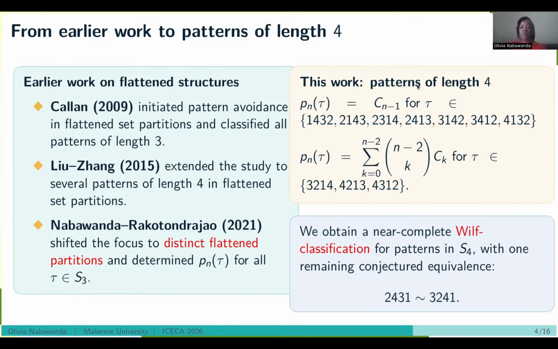In this work, we focus on patterns of length 4, and in particular on the patterns that lead to the Catalan number sequence C_{n-1} and the patterns that lead to the binomial transform of the Catalan numbers, for which we come up with their recursion.